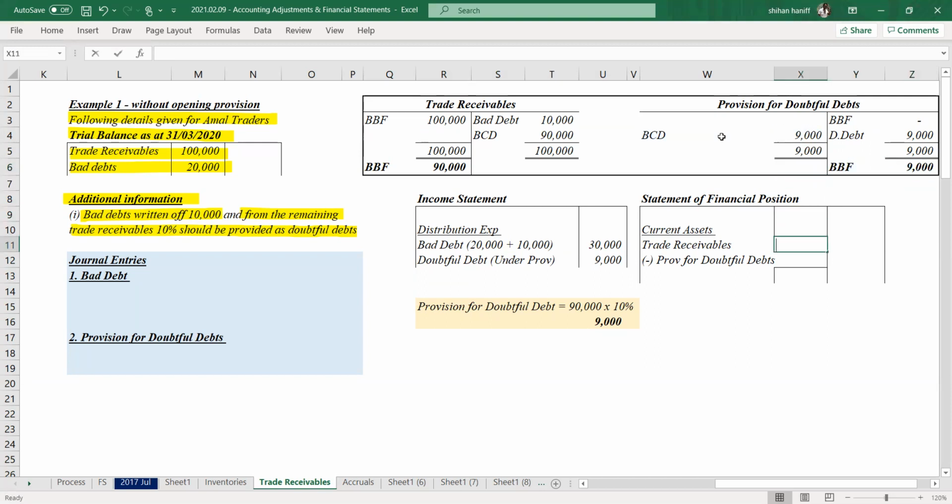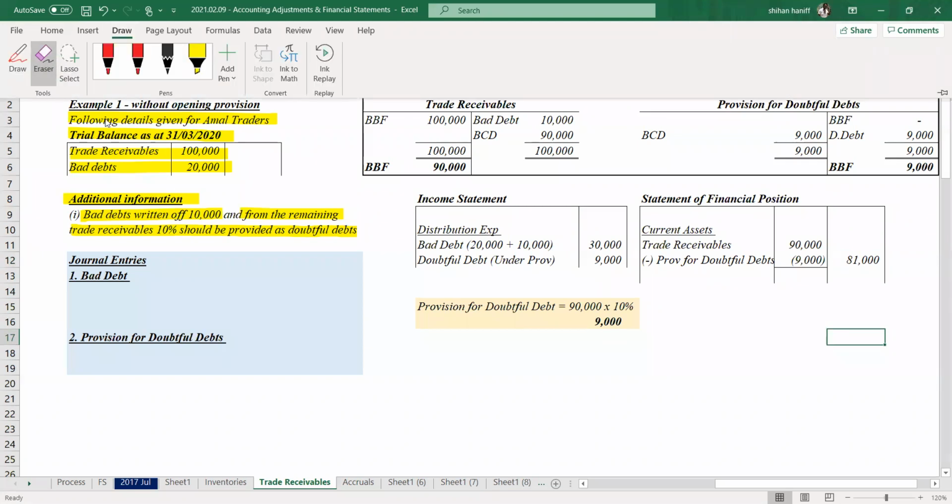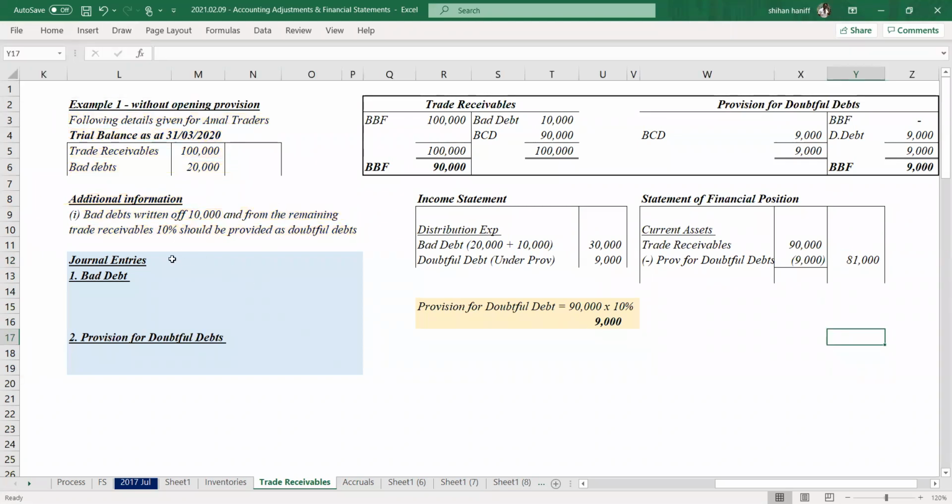Okay, so trade receivable is 90,000, provision is 9,000, net amount is 81,000. So this is example 1, when there is no opening balance.